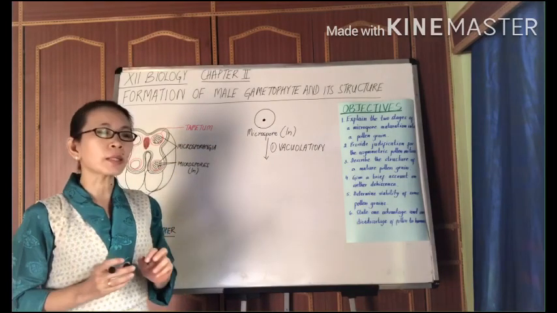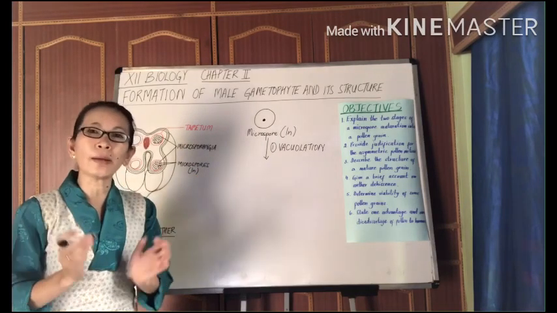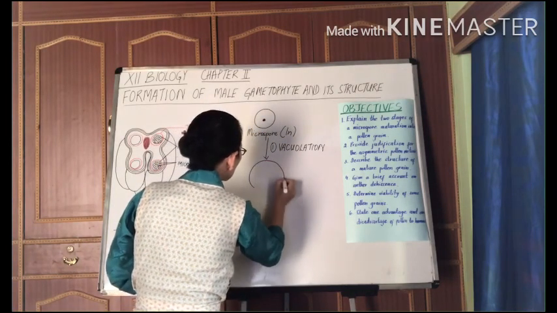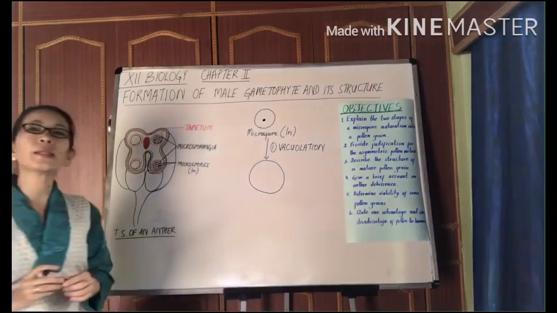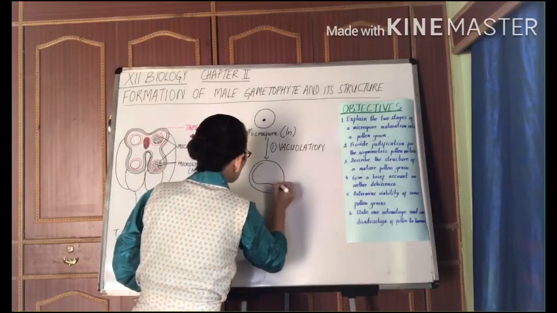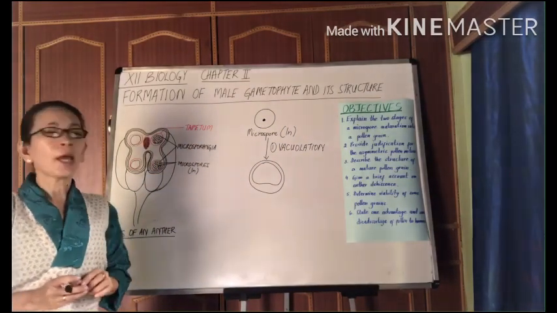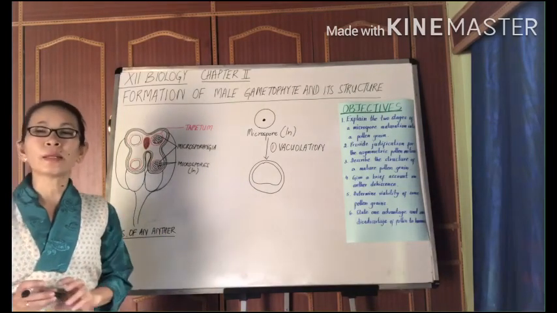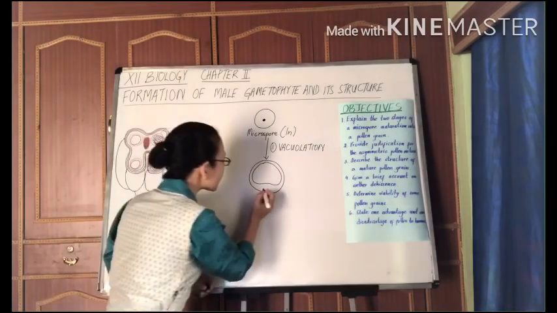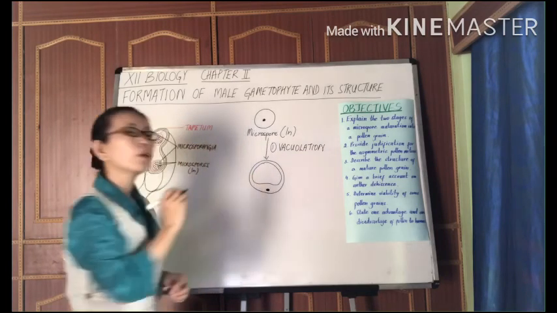Because of this formation of the large vacuole, the cell starts to expand or enlarge. So the cell has expanded and formed a single large vacuole inside, and most of the central space is occupied by this large vacuole, because of which the nucleus of the microspore gets pushed towards the wall.